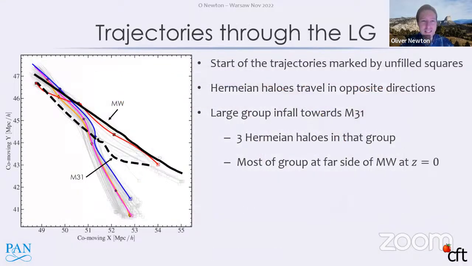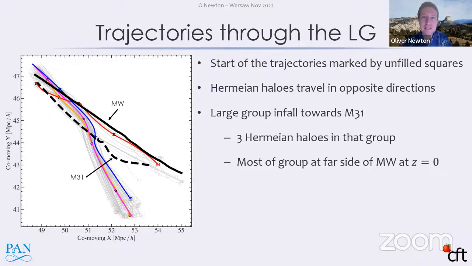It's perhaps a bit easier to see in projection, looking at the trajectories. I've taken the same scheme of representation as before and marked the start of their trajectories with these unfilled squares. So we're basically progressing from the bottom right to the top left, and this is just a projection in simulation coordinates.